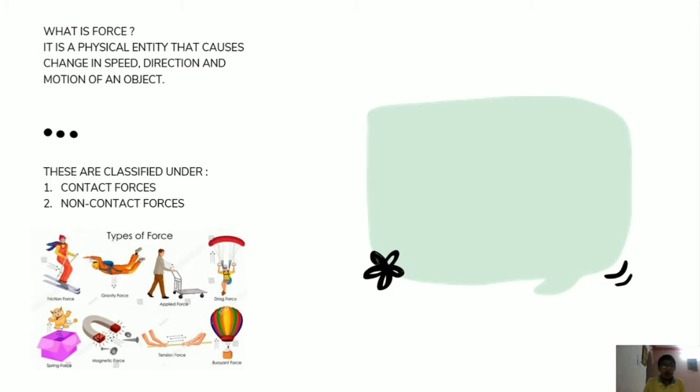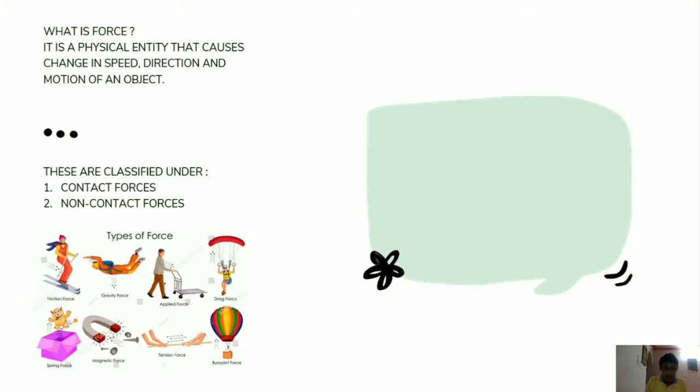Now forces are classified as contact forces and non-contact forces. So what is contact force? If there is contact between two objects, where application of force is seen in these two objects, then that particular type of force is called a contact force. For example, take the same example. This man has applied a force on this trolley.